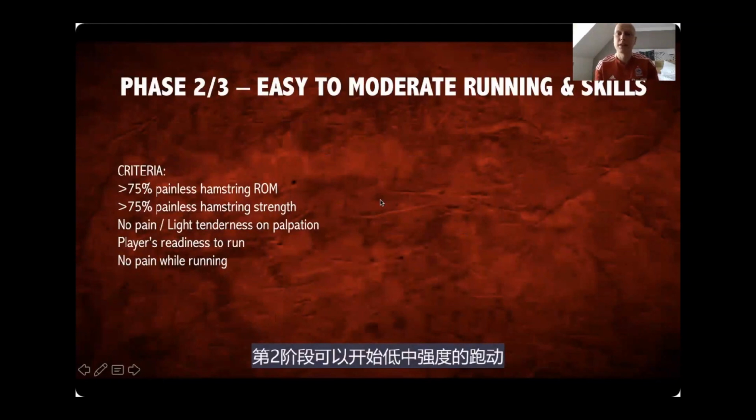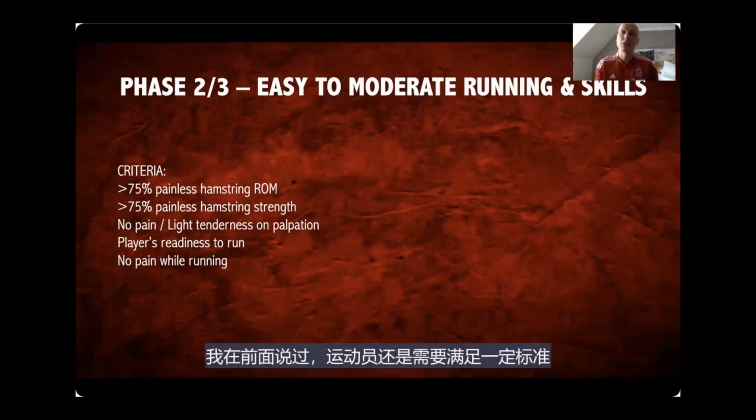In the second phase, we start running. Running is in easy to moderate intensity, and based on the tests that I explained previously, you can see that we want to achieve certain criteria. So we want to have at least 75% or more painless hamstring range of motion.